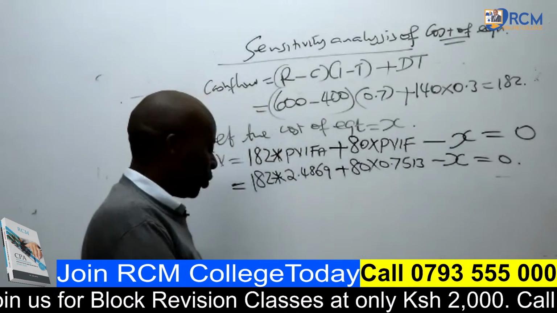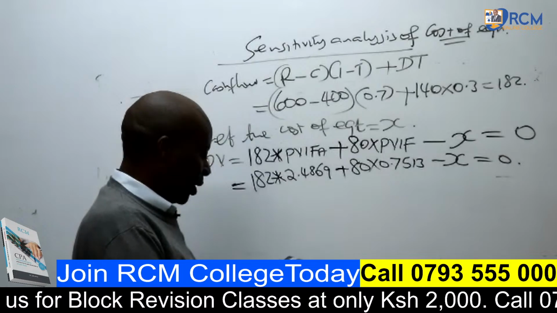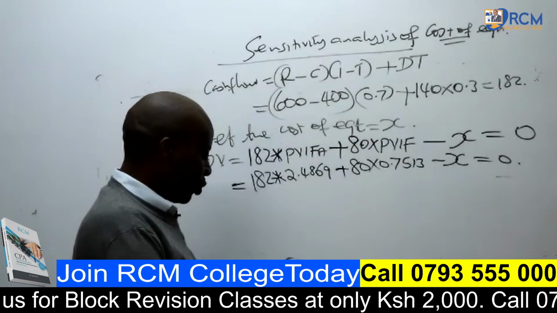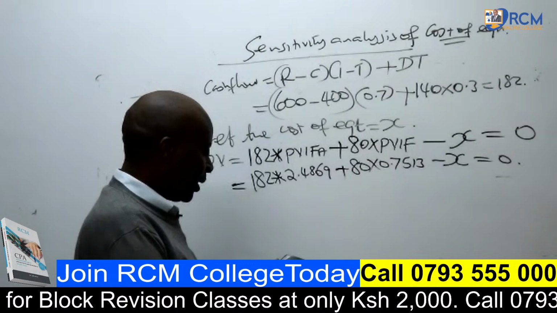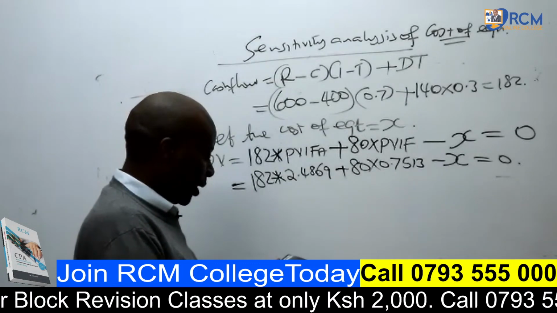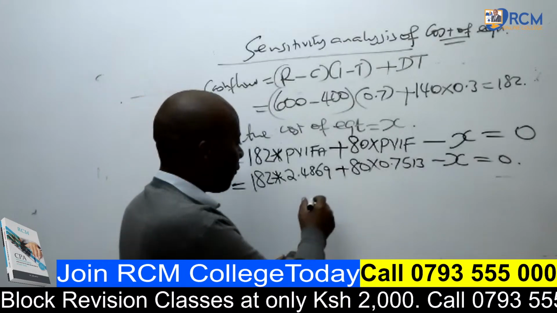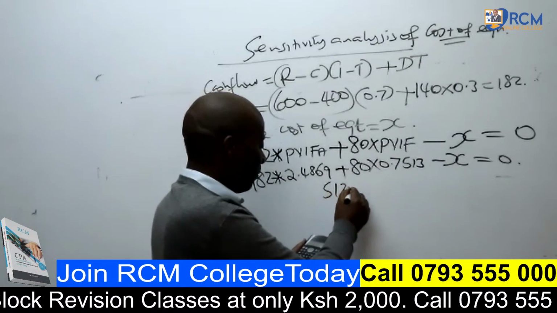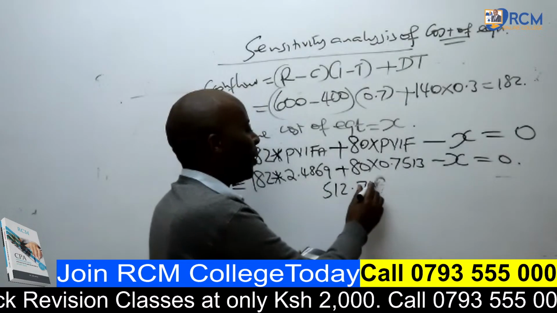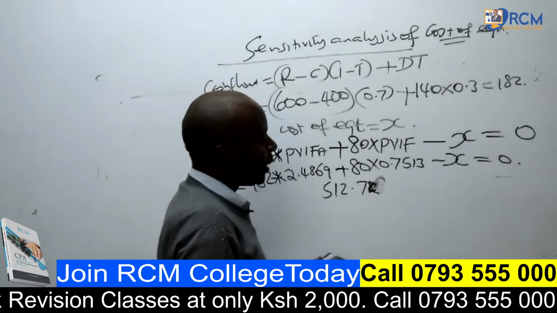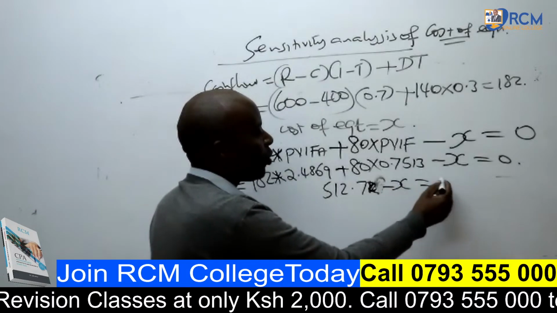When you combine the two, what do we have? We have 182 times 2.4869 plus 80 times 0.7513, which will give us 512.7198. Say 512.72. 512.72 minus X equals 0.